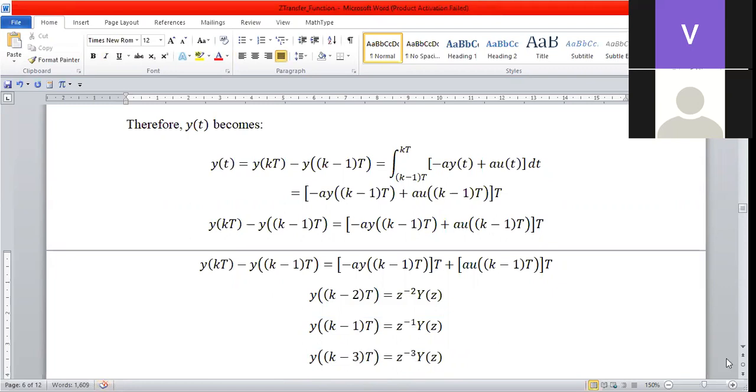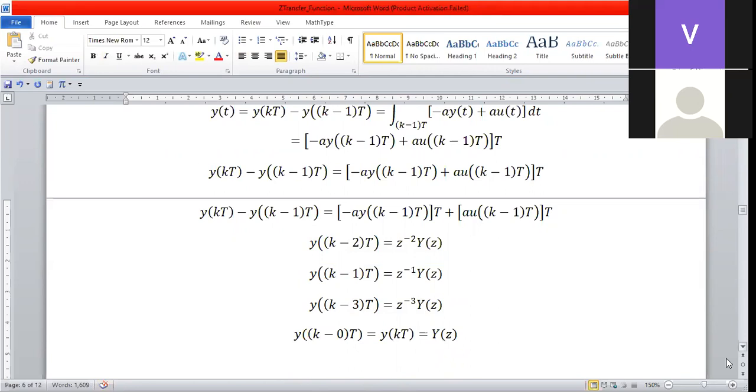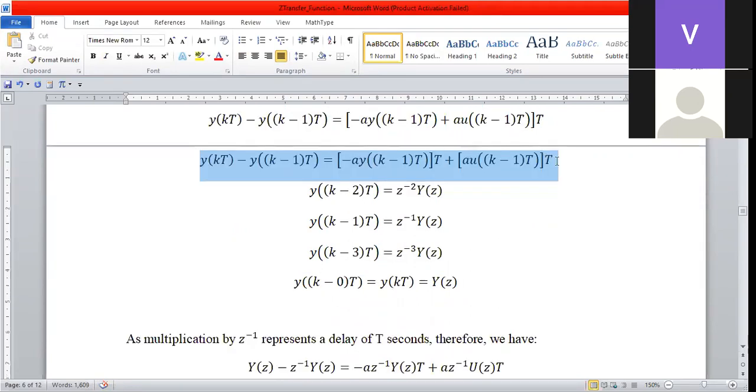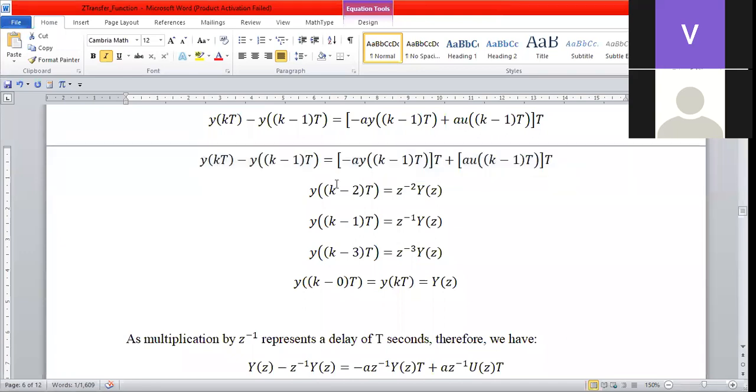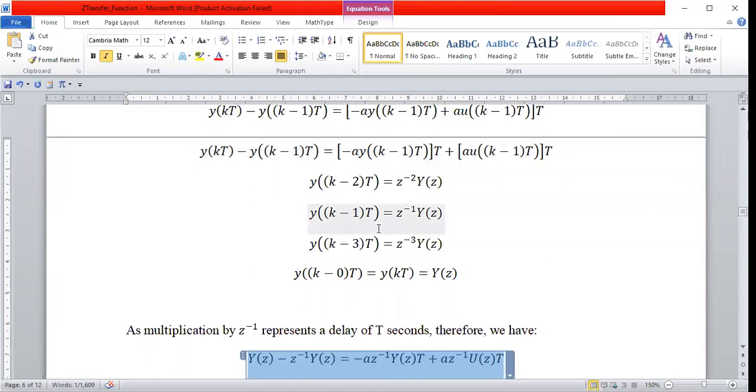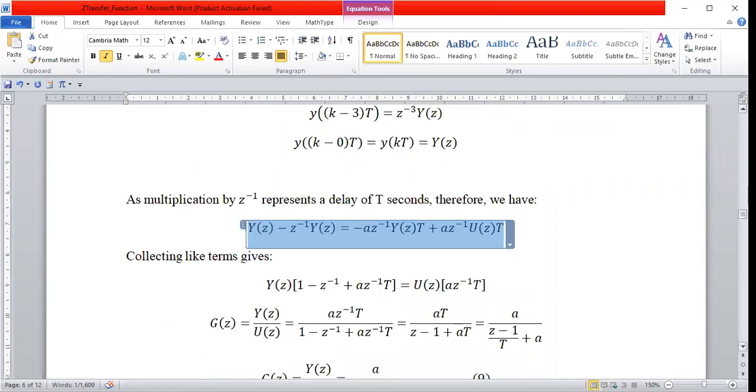Given the explanation I made, the z transform of this highlighted function is given by this. Just look at the explanation I've made and you will confirm that you are correct.